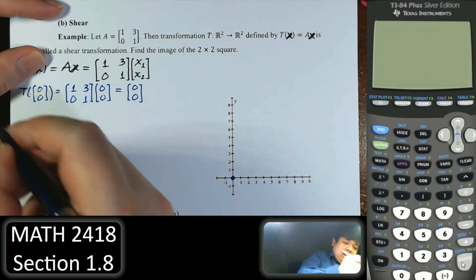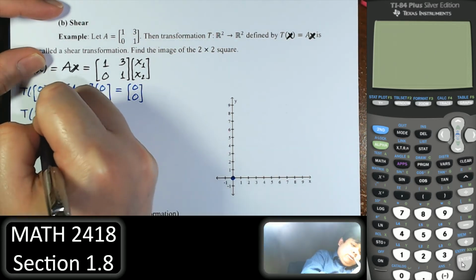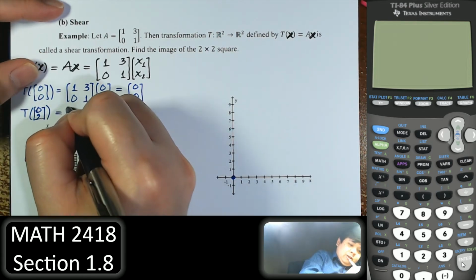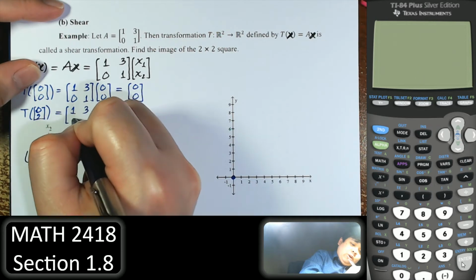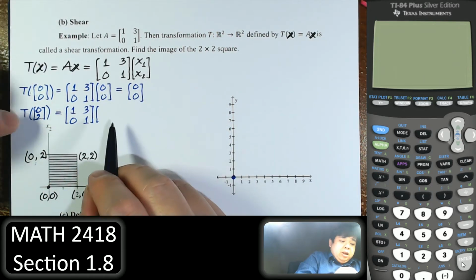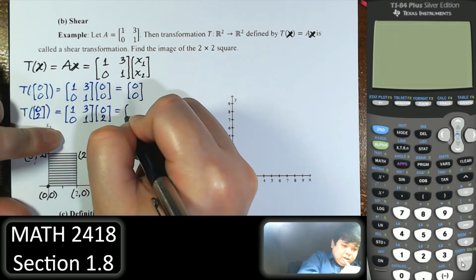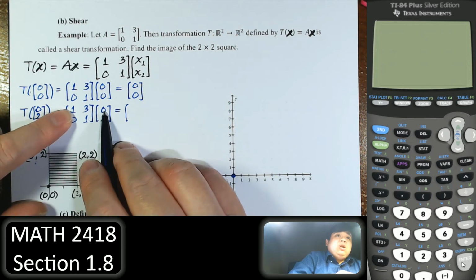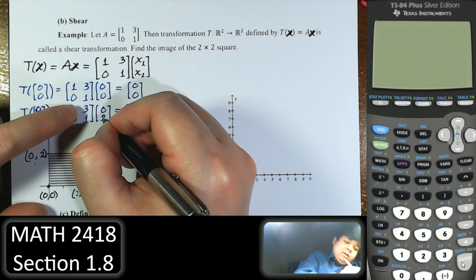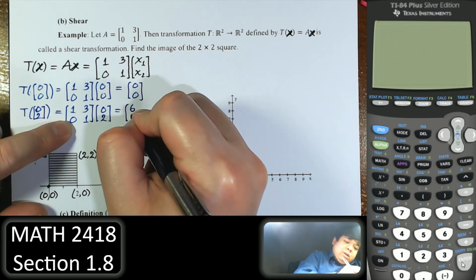So the map will map 0, 0 into 0, 0. That's easy. Next, T of 0, 2. This is 1, 3, 0, 1 times 0 and 2. 1 times 0 is 0, plus 3 times 2 is 6, and then 0 times 0 plus 1 times 2 is 2.